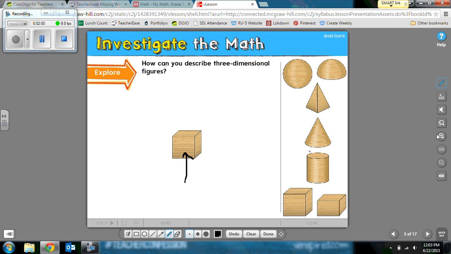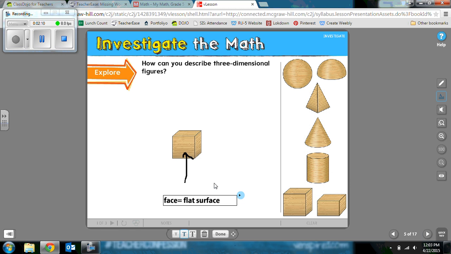It actually would be any of the flat surfaces. So you need to know that a face is a flat surface. This is one of our vocab terms for this unit. This shape has a bunch of different faces. I just pointed to this one with my sloppy little arrow.